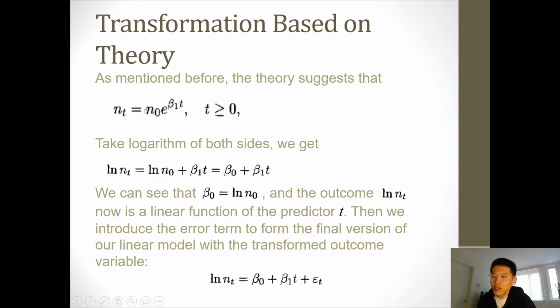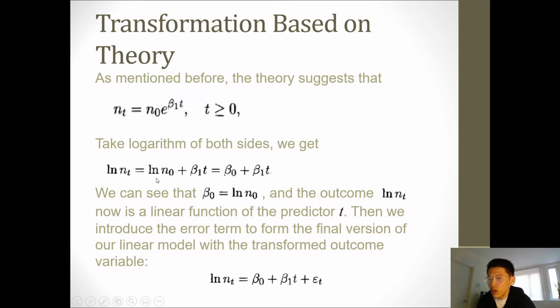We're going to represent the relationship between the predictor and the outcome in a linear way. So actually, we're going to take the log of both sides. In this case, our y value becomes the log of the original data nt. And on the right side, this is the initial number of bacteria.